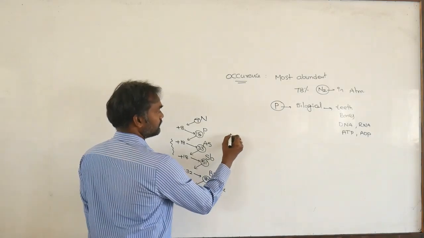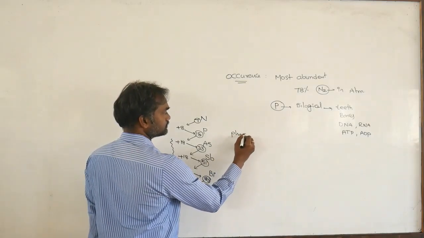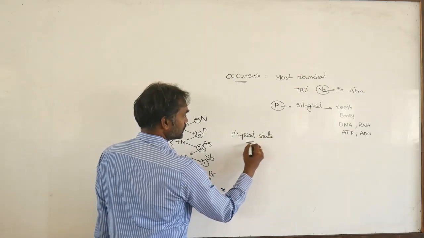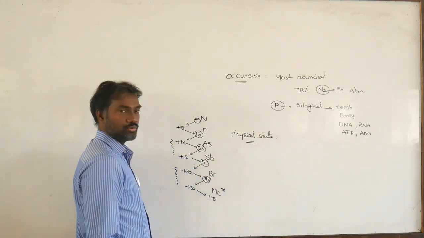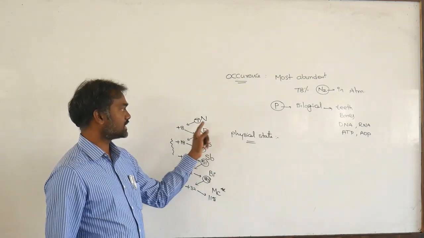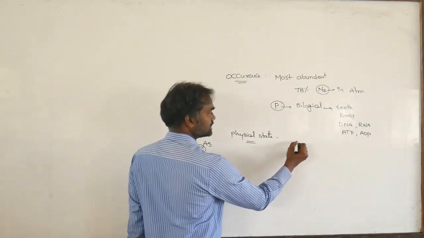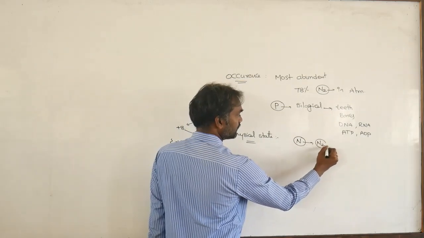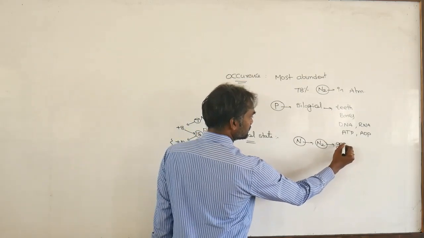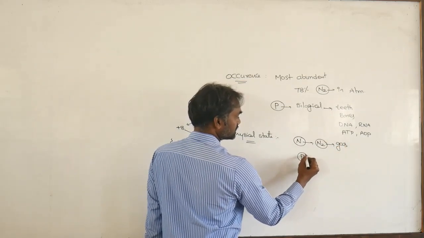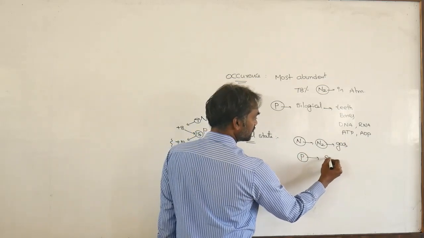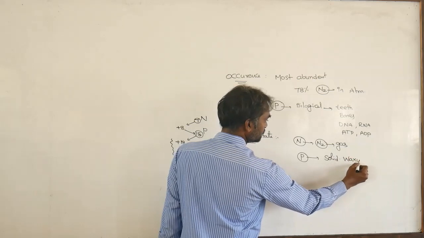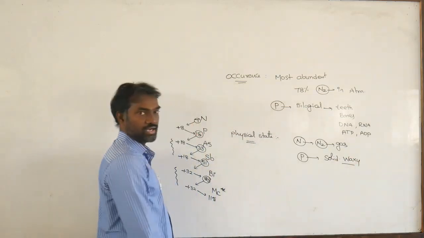Next, physical state. In normal conditions, how are they available? That is the physical state. Nitrogen is available as N2 gas. Phosphorus is a solid, but a waxy solid, a very smooth solid.